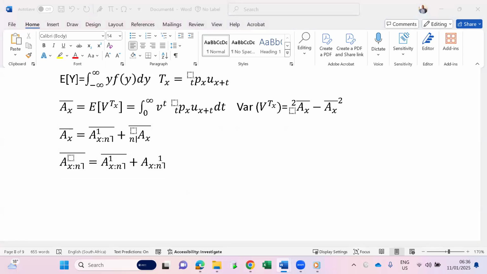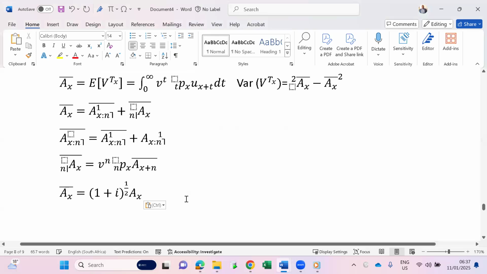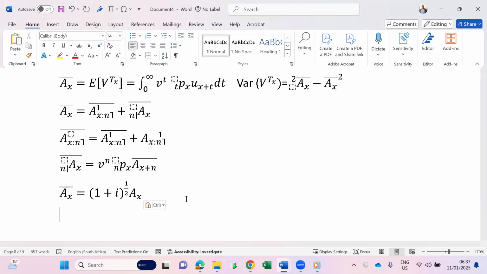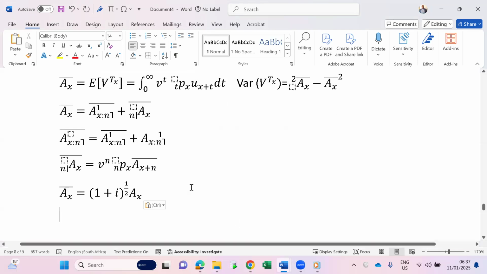And then same as the deferred, again, there's a bar at the top, and then the approximation. Whenever you want to change from continuous to discrete, you use (1+i)^{1/2}.